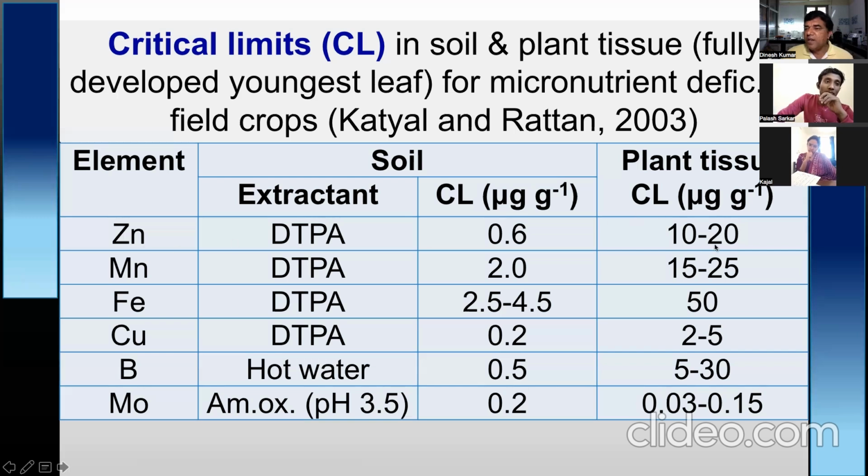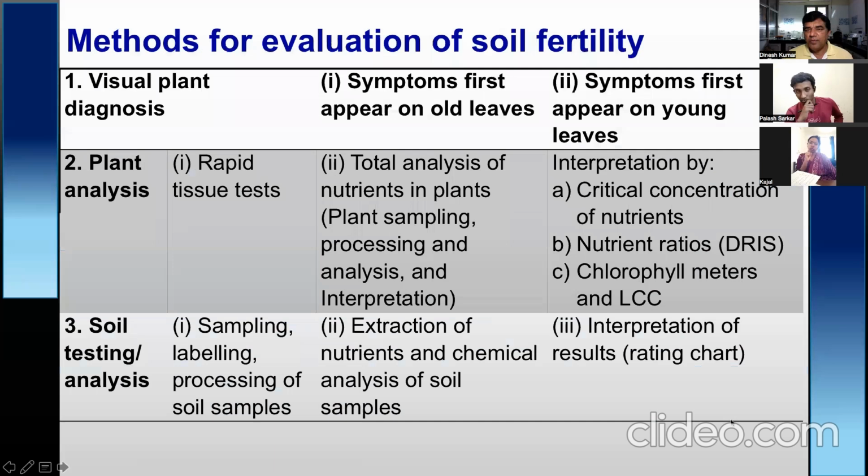For zinc, it is 10 to 20. They have not even defined which plant part is used, but these are very general values. Zinc 10 to 20 ppm, manganese 15 to 25, iron 50, it is a little more, copper 2 to 5, boron 5 to 30, and molybdenum very low, 0.03 to 0.15 ppm.